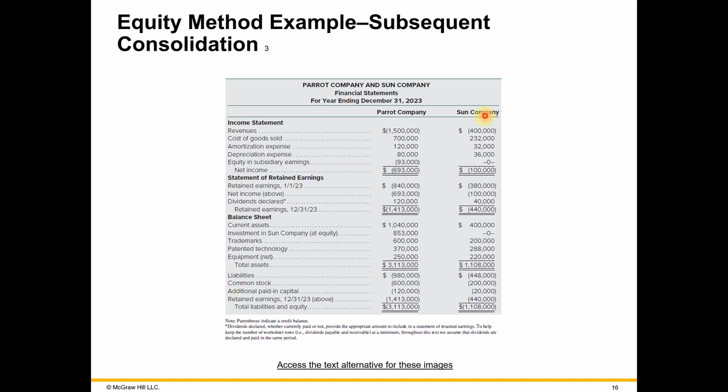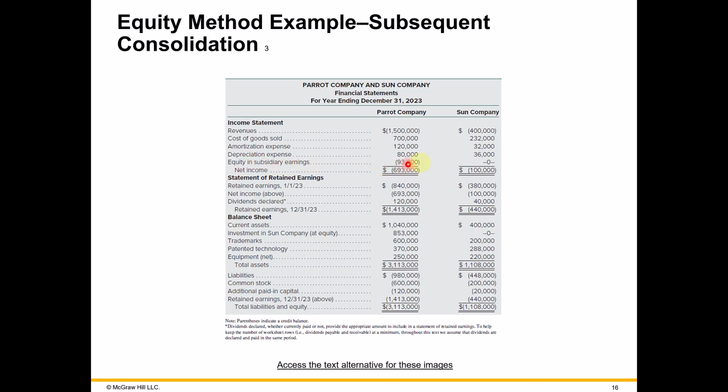statement. If you take a look at this investment account in the sub on the records of the parent. So we started off buying the sub at 800,000. We accrued 100,000 of income. That's this one over here. Really, it shows up as income on the income statement here, equity in sub earnings.